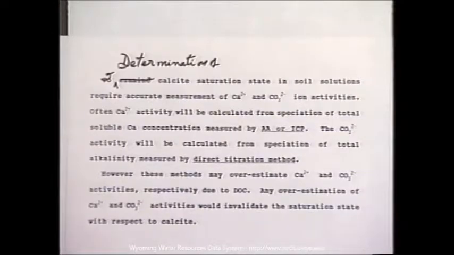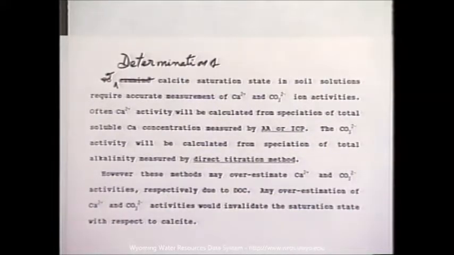However, these methods may overestimate calcium and carbonate activities due to dissolved organic carbon. Why? When we use atomic absorption or ICP to measure total soluble calcium, we are measuring both inorganic as well as organic complexes of calcium. You just burn everything and then measure total soluble calcium.